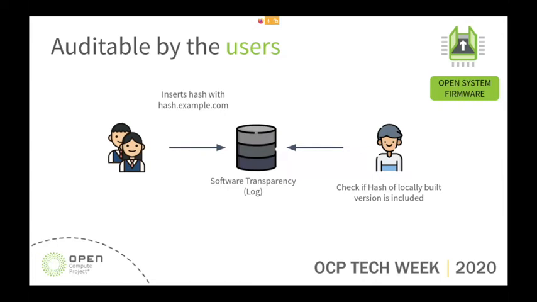That means for every OS package, we create a certificate and append that to the certificate transparency log. That certificate then contains all the hash values and information that are needed for the auditor to check if what he or she built locally on their computer actually matches whatever is in the certificate transparency log.